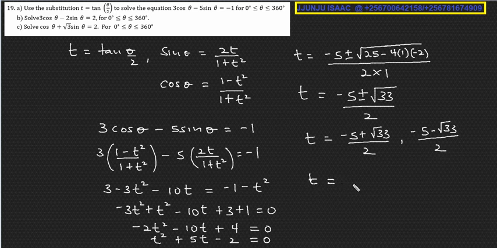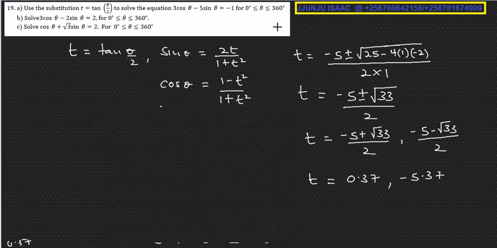So the two values of t we have are 0.37 and -5.37. But don't forget t is theta by 2, and we are looking for theta.